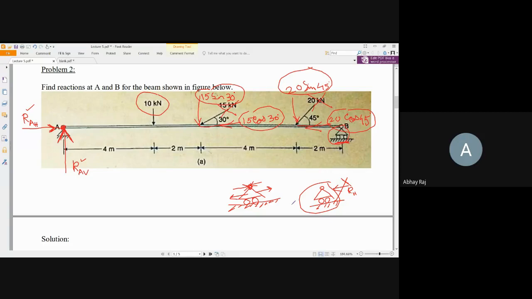Yes. Okay. Now, with this point being made clear, let us put the unknown reaction at point B also. So we know that there is a vertical reaction at B and no horizontal reaction because this is a roller support.